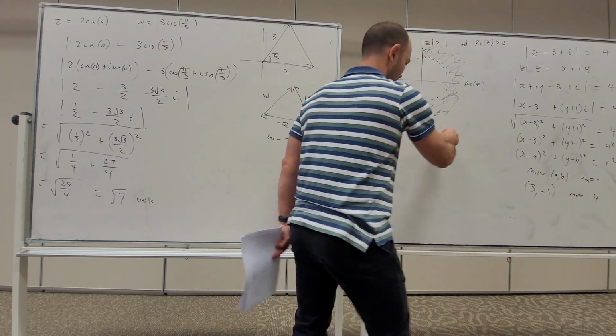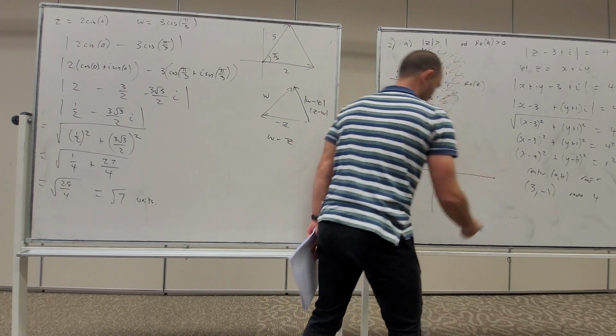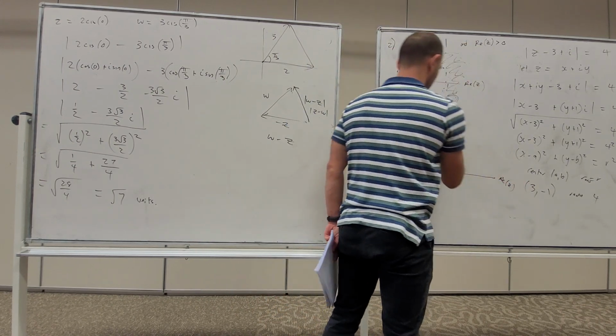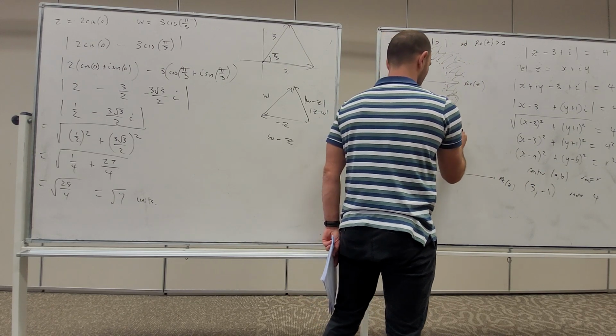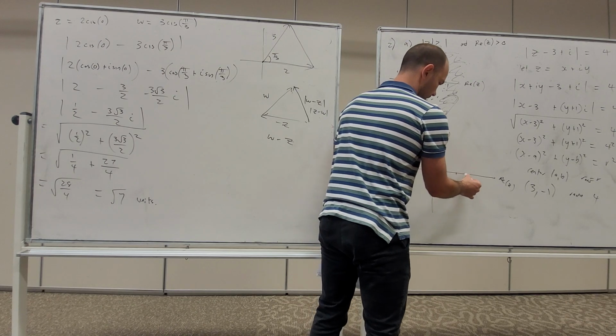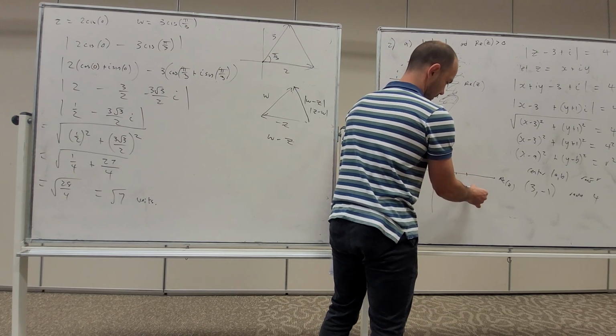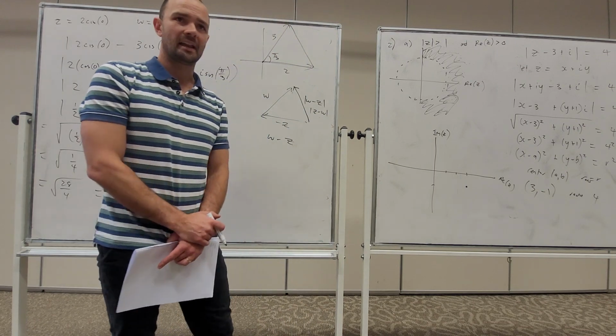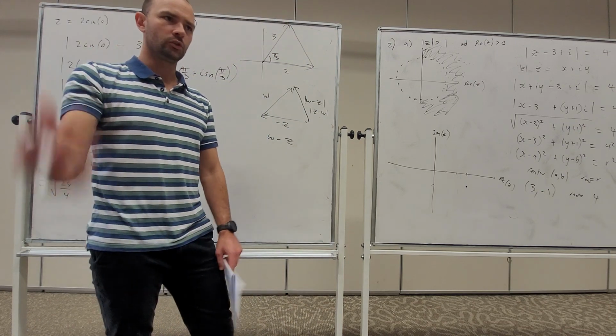So on the Argand plane, all right, label our real and imaginary axes. And we have a centre of positive 3 and negative 1. That's the centre. And it has a radius of 4 units.